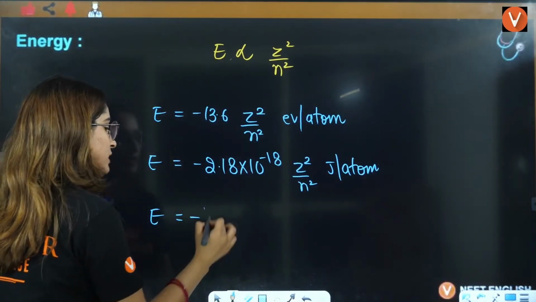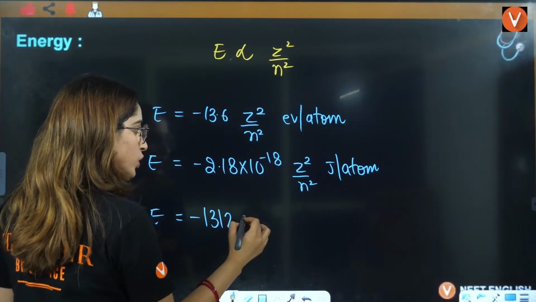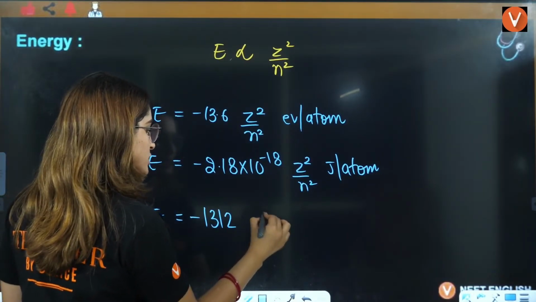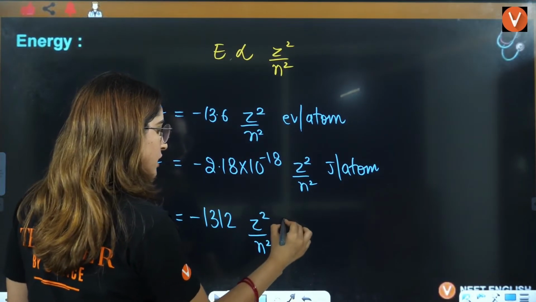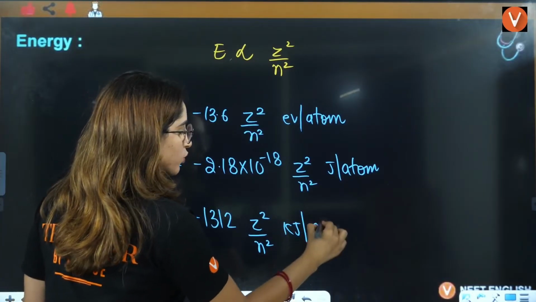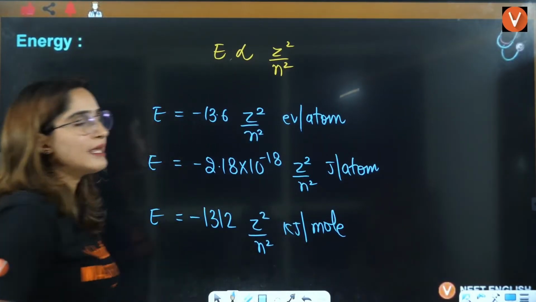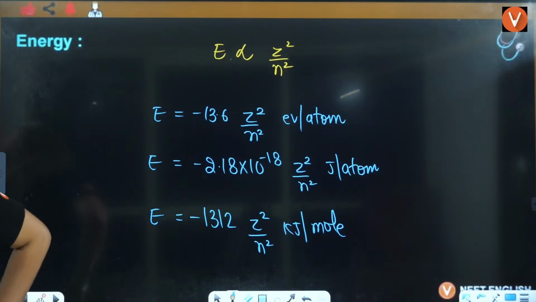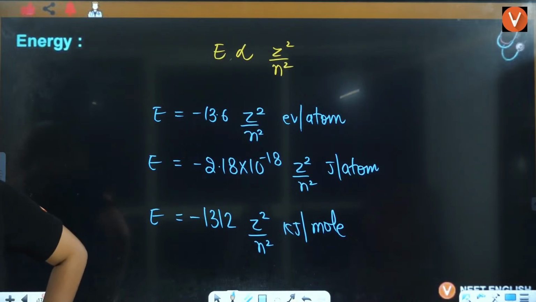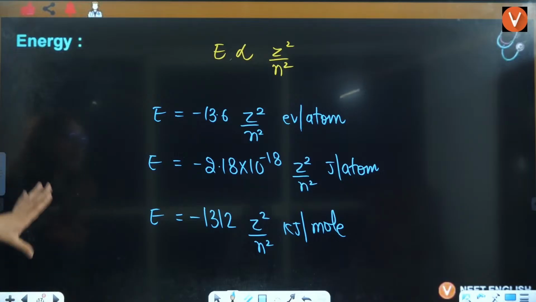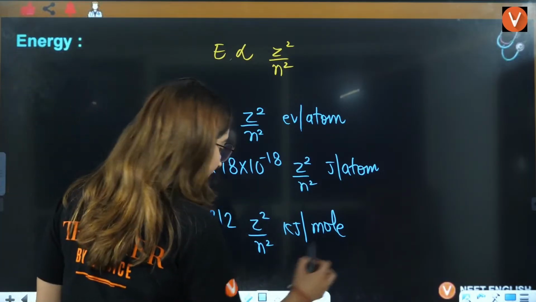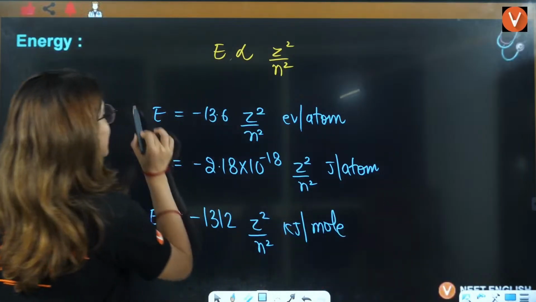Minus 1312 z square by n square kilojoule per mole. So these are the three formulas that you have here. Everybody, clear? These are the three formulas that you need to learn as it is.